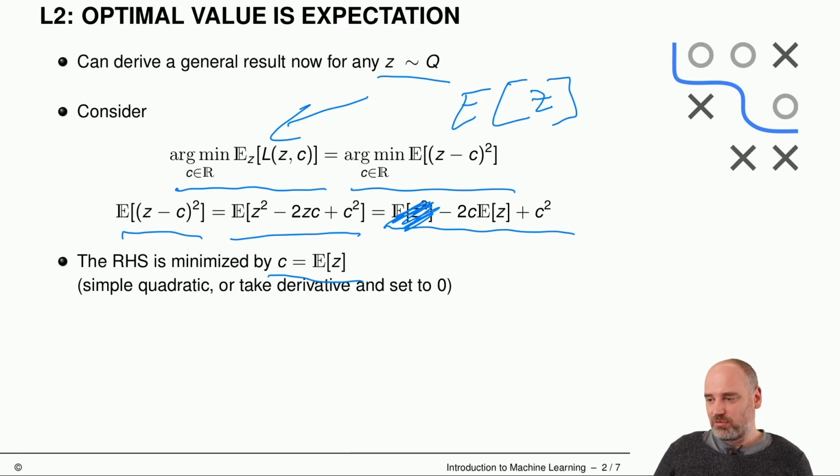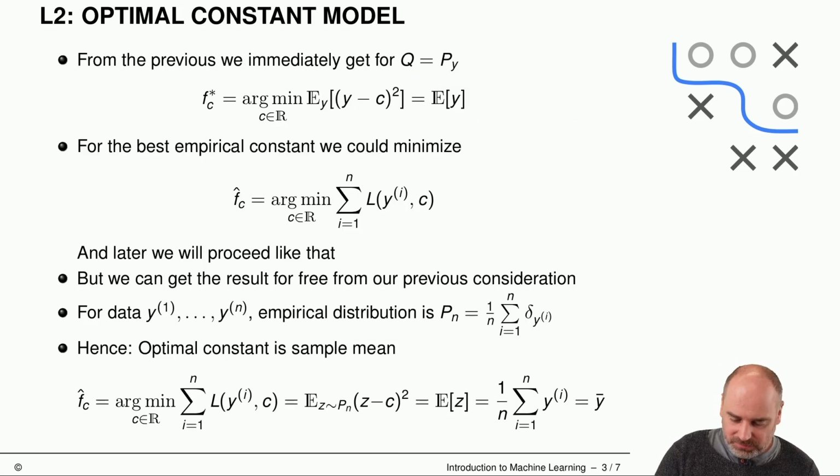It wasn't very hard to derive, but we can now exploit that in many different ways, which are actually not that different. First of all, we could say, hey, maybe the distribution that we're considering here is our label distribution. Now we can get our hands on the optimal theoretical constant. What's the optimal constant prediction model, which doesn't act on any feature vectors? I've introduced this before in the first session in this chapter.